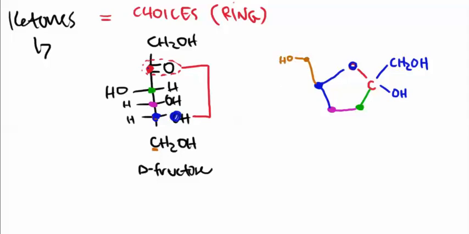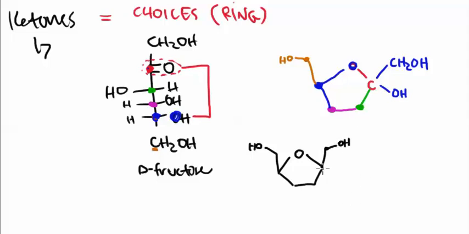Okay, so I just want to clean this up a little bit, right? So I'm just going to draw everything in the same color now. We know that this is a 5-membered ring, and 5-membered rings look like that. We also know that this carbon has a CH2OH group, so I can draw it that way. And I know that this also has a CH2OH group, so I'll draw it that way.